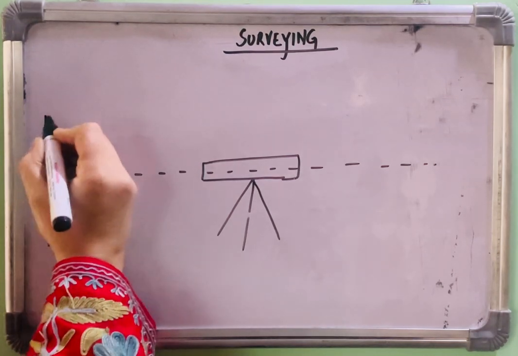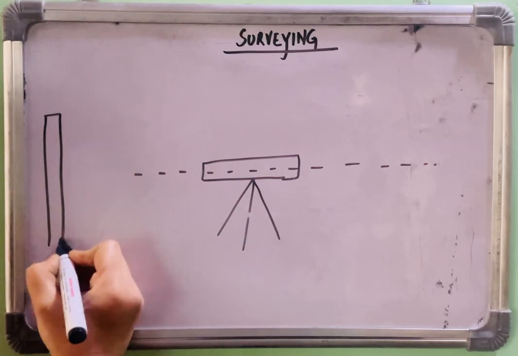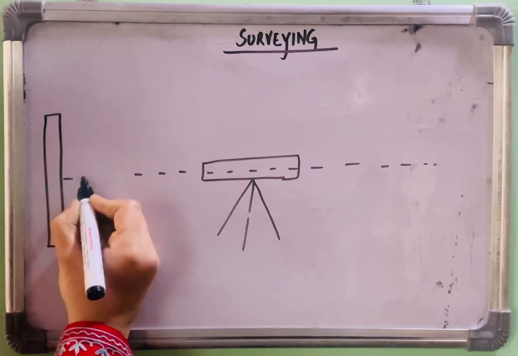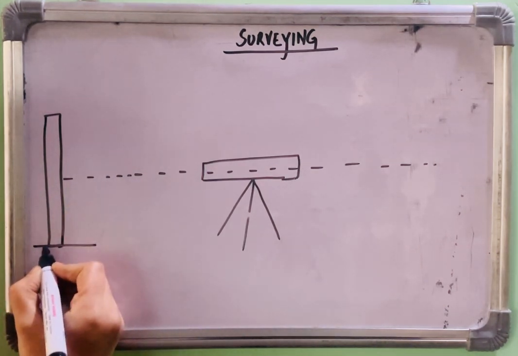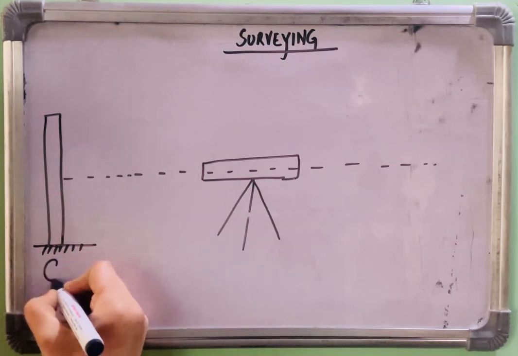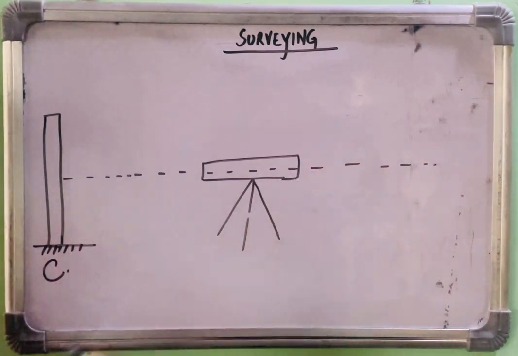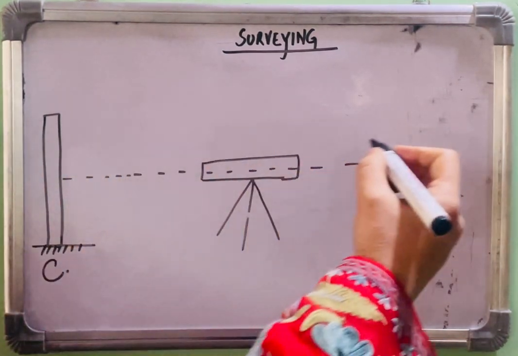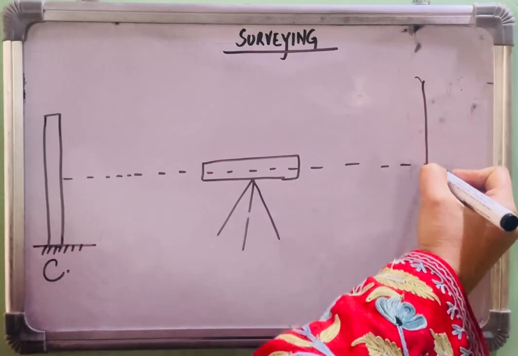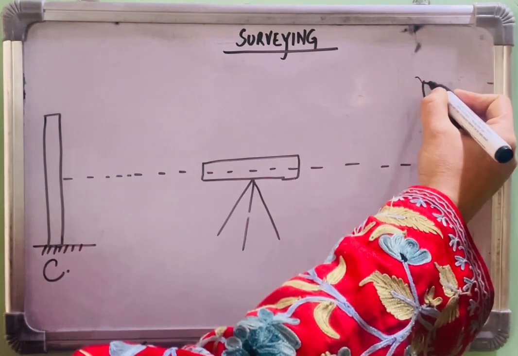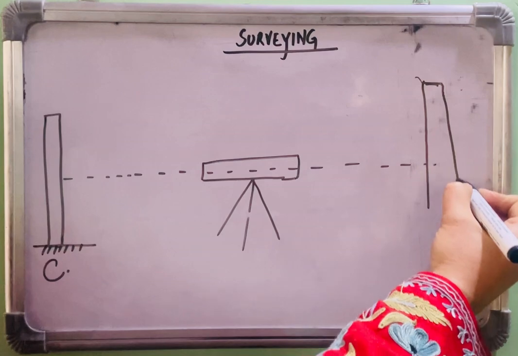We'll keep a graduated rod or a staff at this point. For example, let's suppose that the position of this point is known to us, and we have to find the position of, let's suppose, point D.